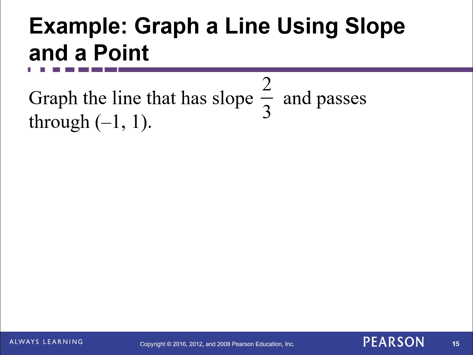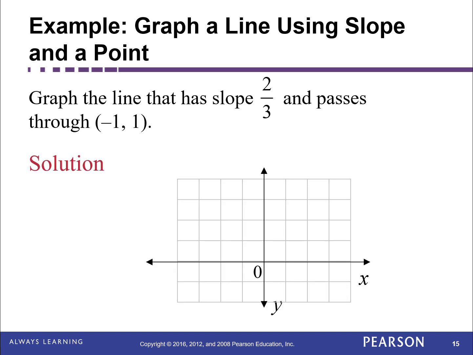Now let's graph a line that has the slope 2/3 and passes through negative 1, 1. Let's start with the point negative 1, 1. It's right there. Now it has a slope of 2/3, which means we're going to rise 2 and run 3.